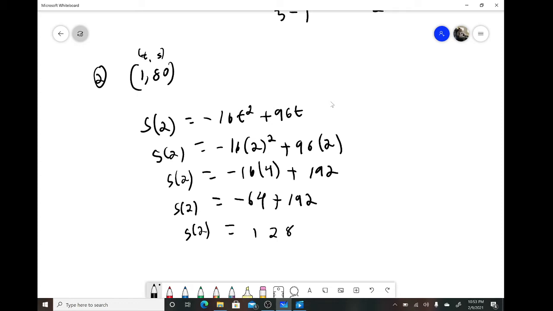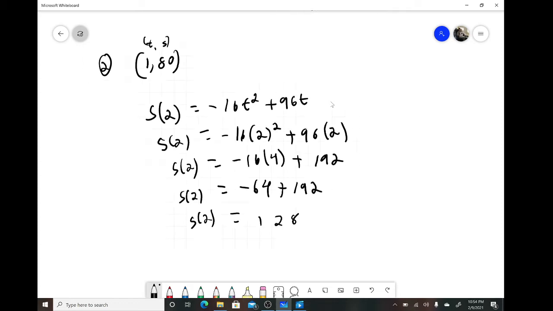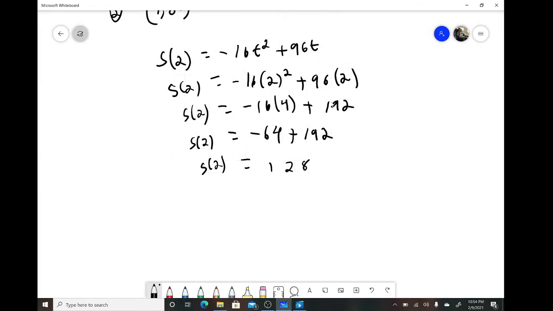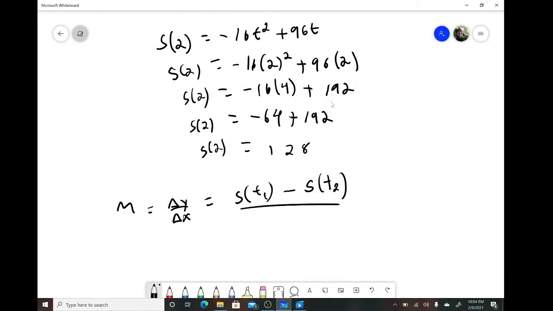Now we can do the same situation. We're going to find the slope, or the rate of change, which again is the change in y over the change in x. Let me write it the other way so you can see it better. That is the position at the second time, minus the position at the first time, divided by the difference in time.